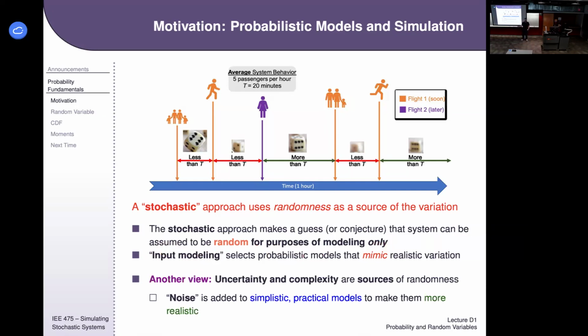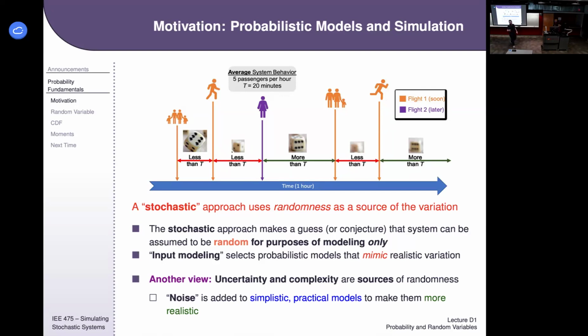Another view, if you don't like this philosophical perspective, is that uncertainty itself is a source of noise. I can never be certain where this variation comes from in the real system, and if I leave out those deterministic factors, I basically have a huge residual term, a noise residue that sits on top of my model. The stochasticity is just making sure we've got the right noise residue.